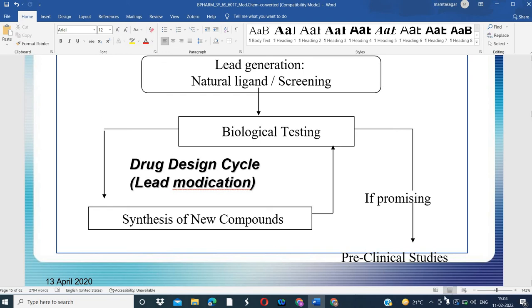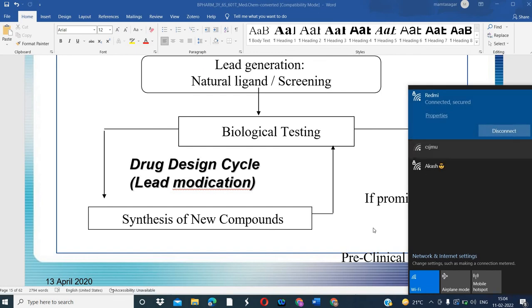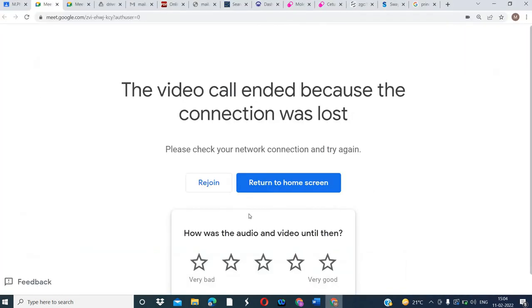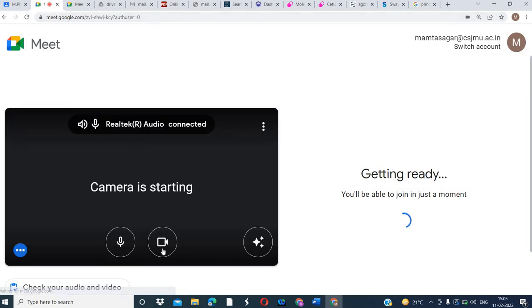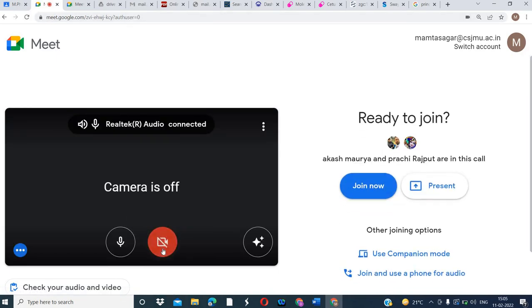I think we have lost the connection. Are they there or not? Okay, they are all there, I think.